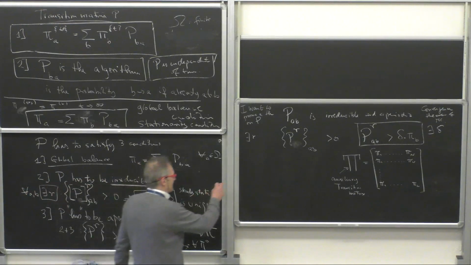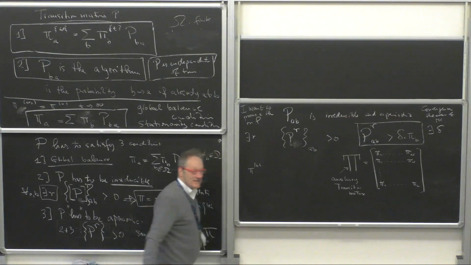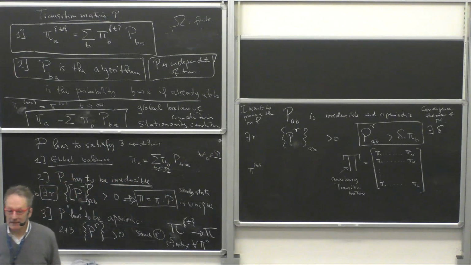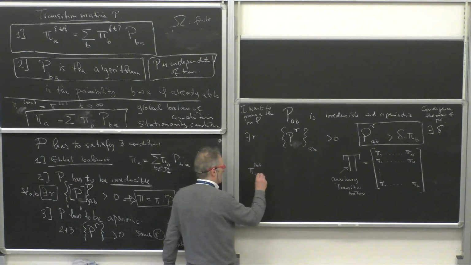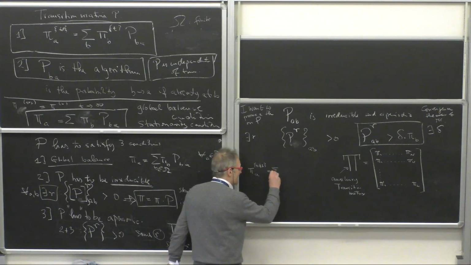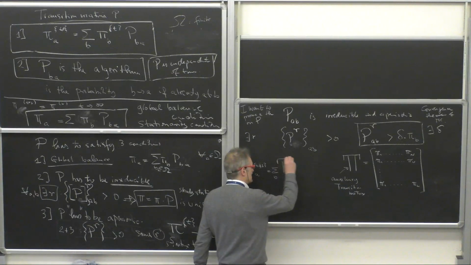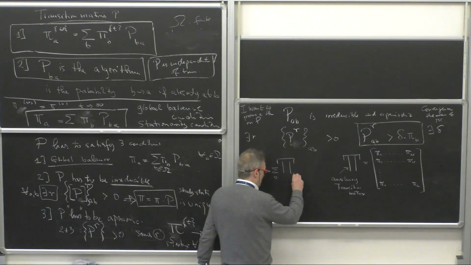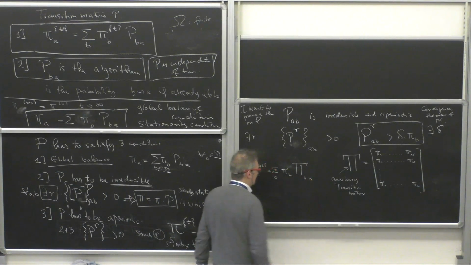Because let's say at time t, I'm at position a, and then pi t plus 1 of a is the sum over b of pi t of b times capital Pi b a.